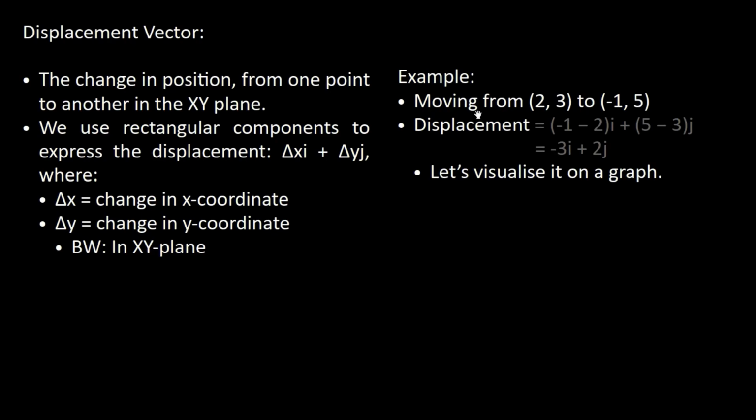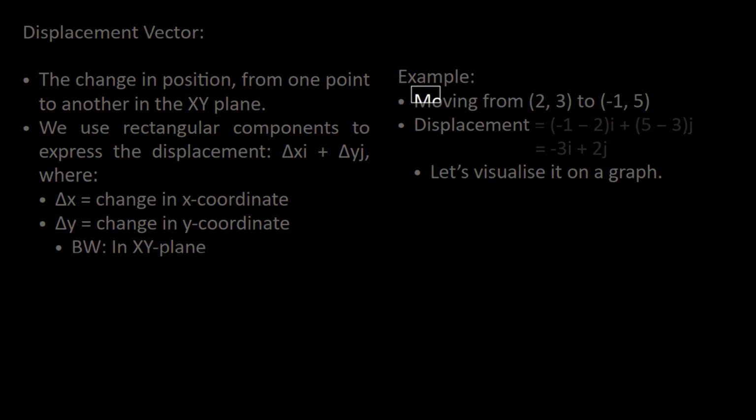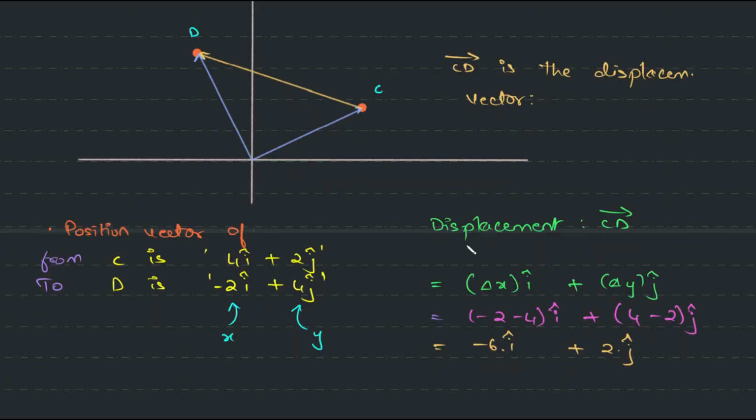Right? So one more example is if a particle moved from 2, 3 to minus 1, 5. So the position vectors are, position vector of point A and B. Of point A is 2 i cap plus 3 j cap.